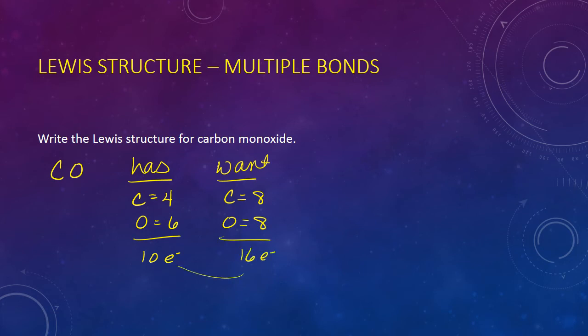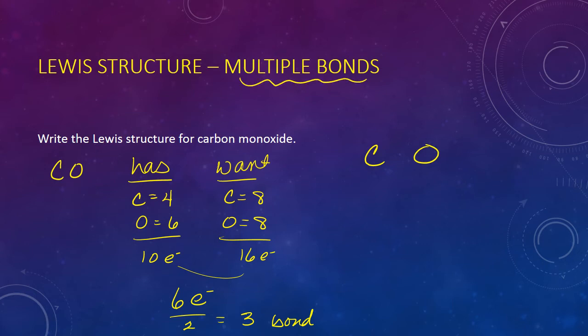When I subtract these, I end up with 6 bonding electrons divided by 2 gives me 3 bonds. How on earth am I going to get 3 bonds between 2 atoms? Yeah, multiple bonds. How many bonds? 3. 1, 2, 3 bonds.